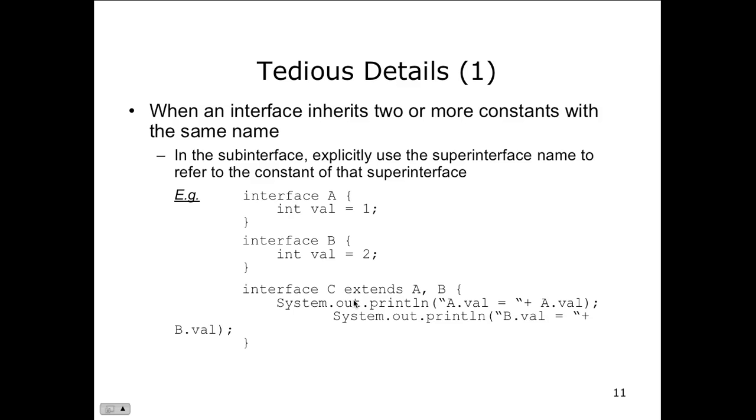So if you are implementing in a class, then you use the implements keyword. Correct. This is creating an interface C, and you use extends, because I'm creating an interface C that's inheriting from interface A and interface B. I'm not implementing the interface, I'm extending the interface, which means I'm inheriting.